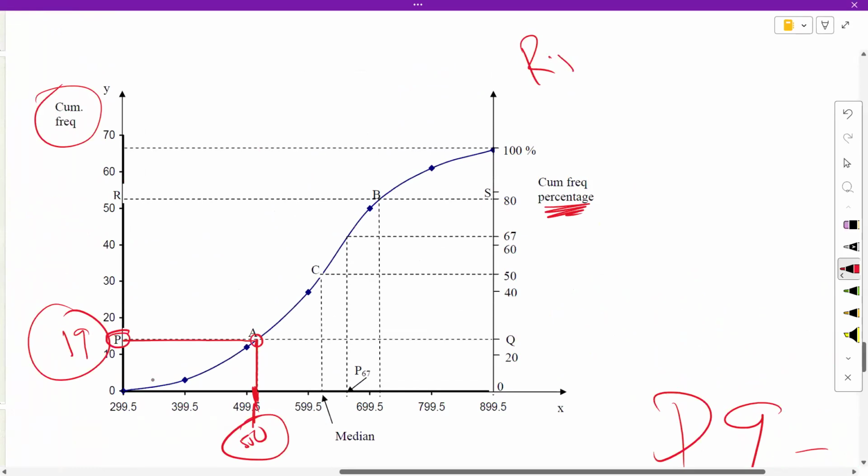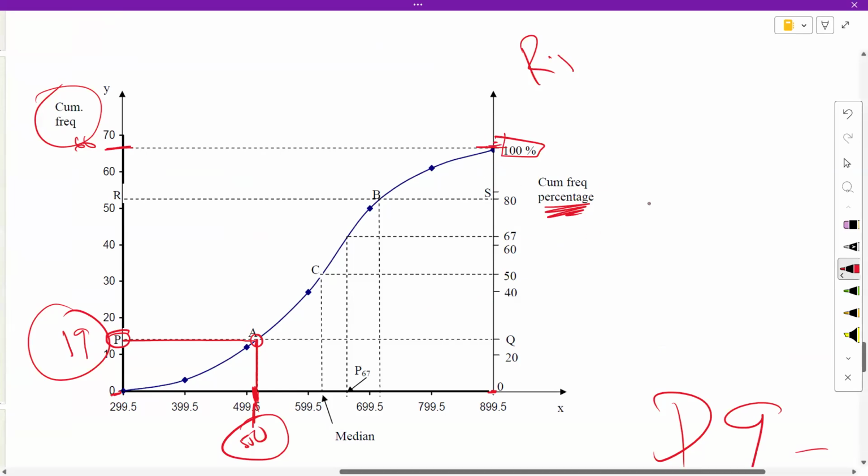At the zero, we put 0 percent. And in the graph sheet, here 66, the top, is the total. Corresponding to the total, we put 100. So this is 100 equal parts. If you use graph sheets, that's enough.